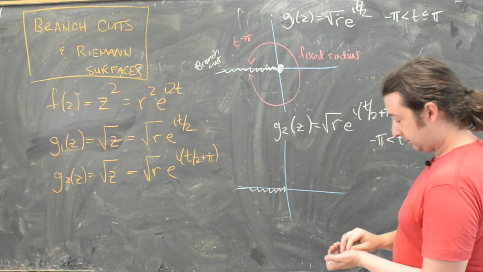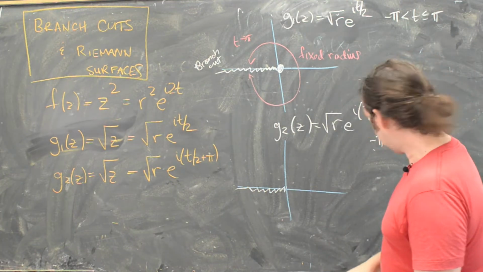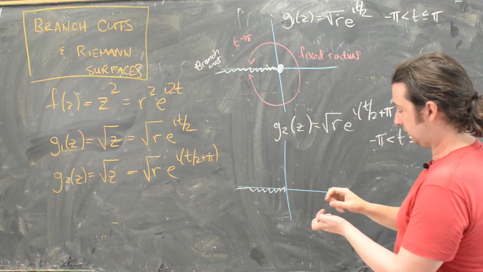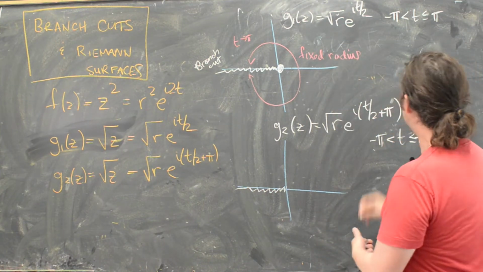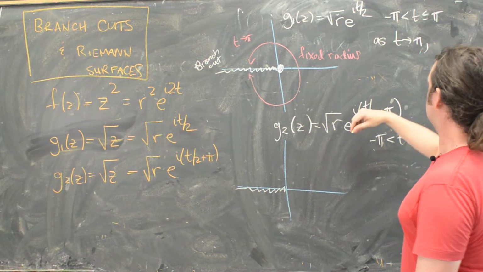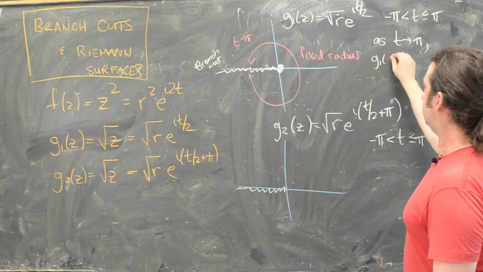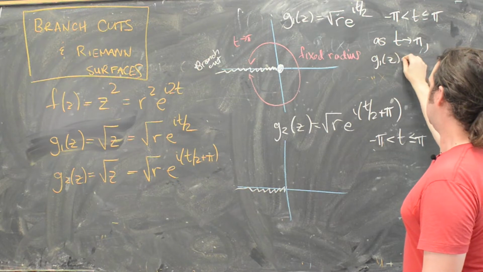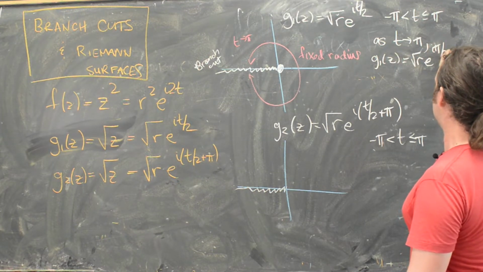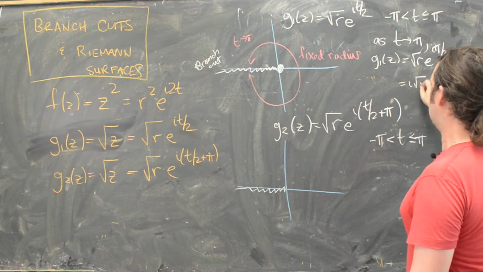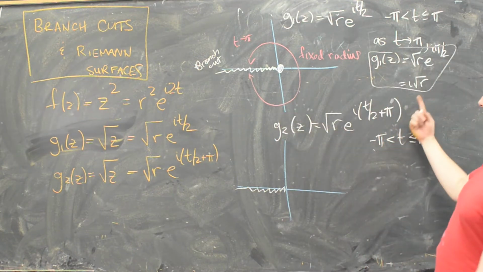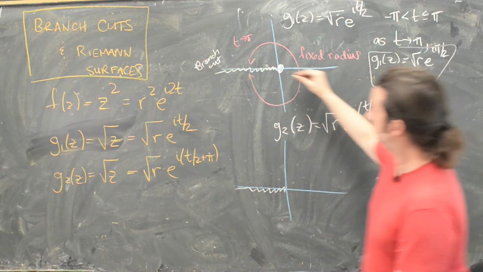And from the top, you should be able to see that for a fixed radius, as t goes to pi, g1 of z tends to the number root r e to the i pi over 2, which is i root r. So as we approach from the top, we approach this value, i root r.